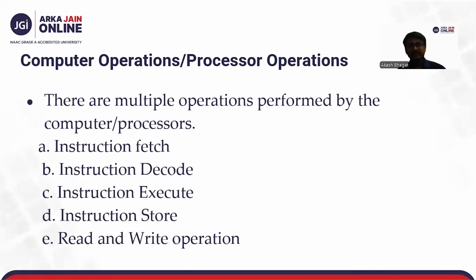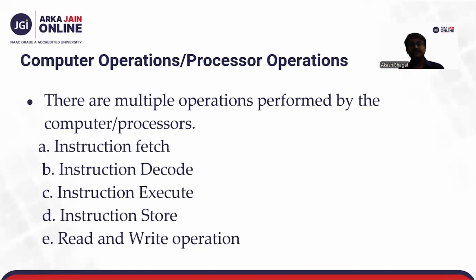Now, computer operations and the processor operation. In computer operations, we have different steps: fetch, decode, execute, store, read and write. Multiple operations are performed by the computer or processor, starting from the fetch.